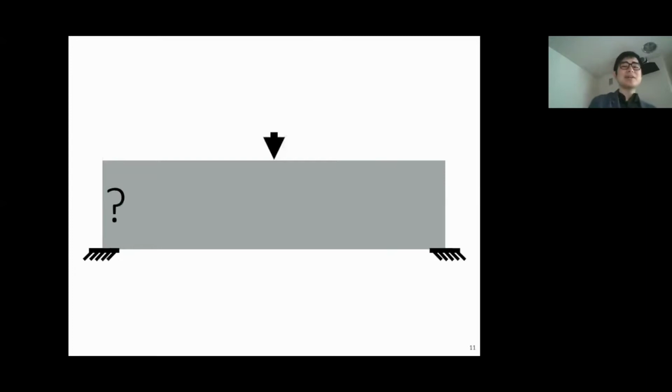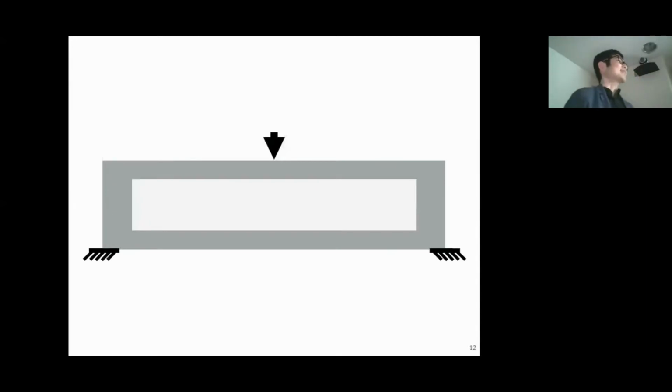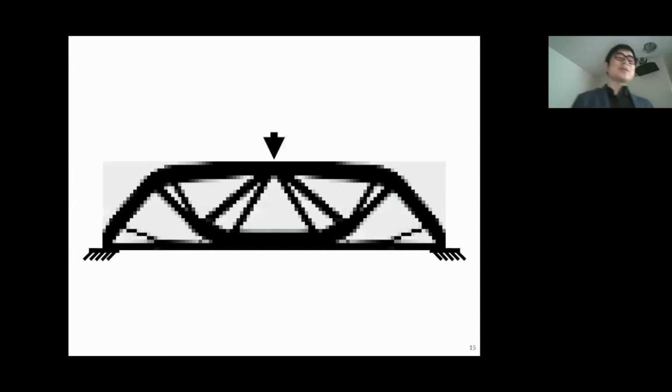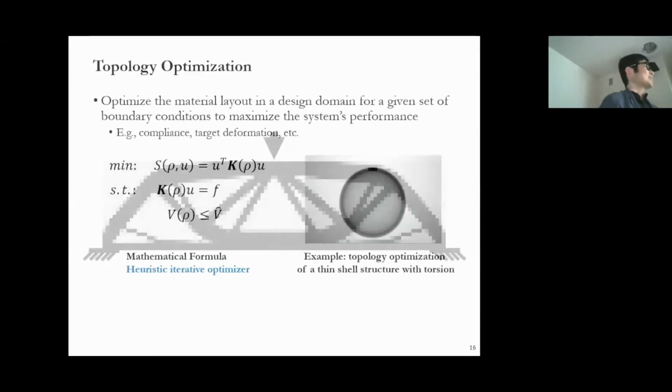So how do we design this structure? Maybe we can design something like this, like this, like this. So what is the optimal? Actually, it's very hard to find the global optimal. That's the first thing I want to say, but you can find many reasonable and interesting local minima by using our computer program.